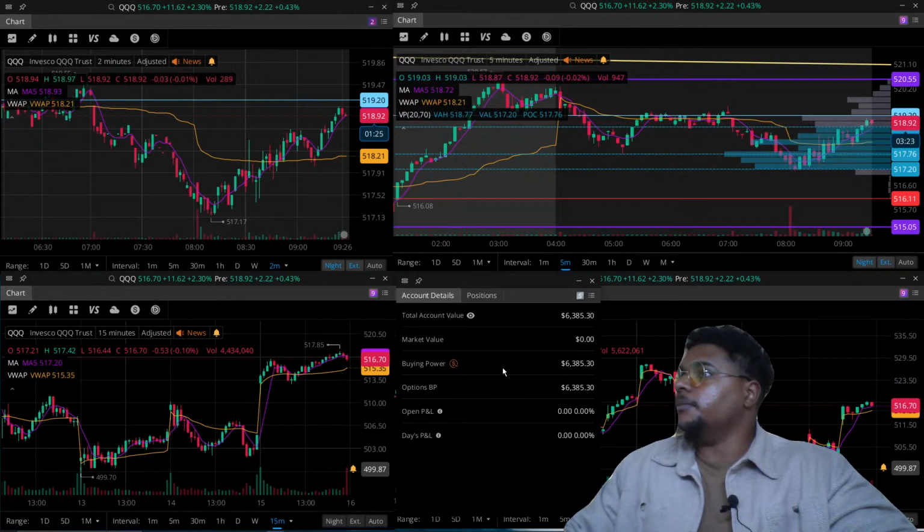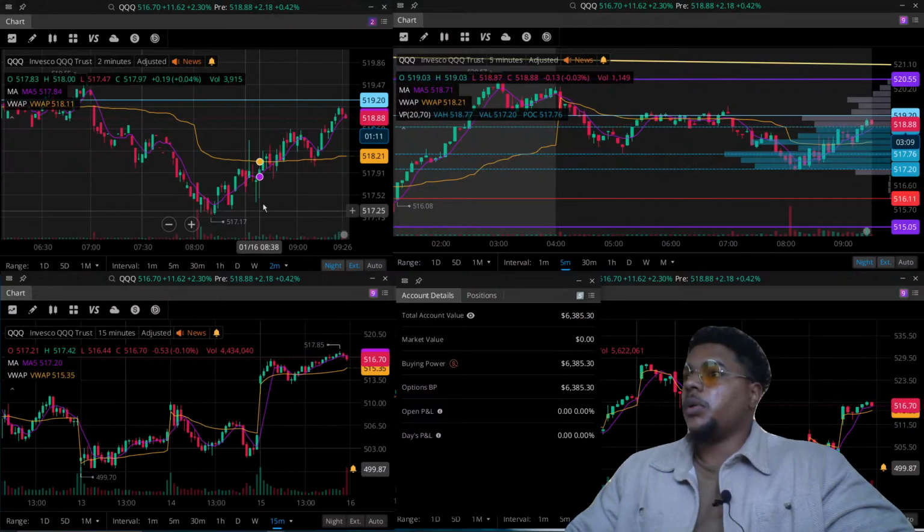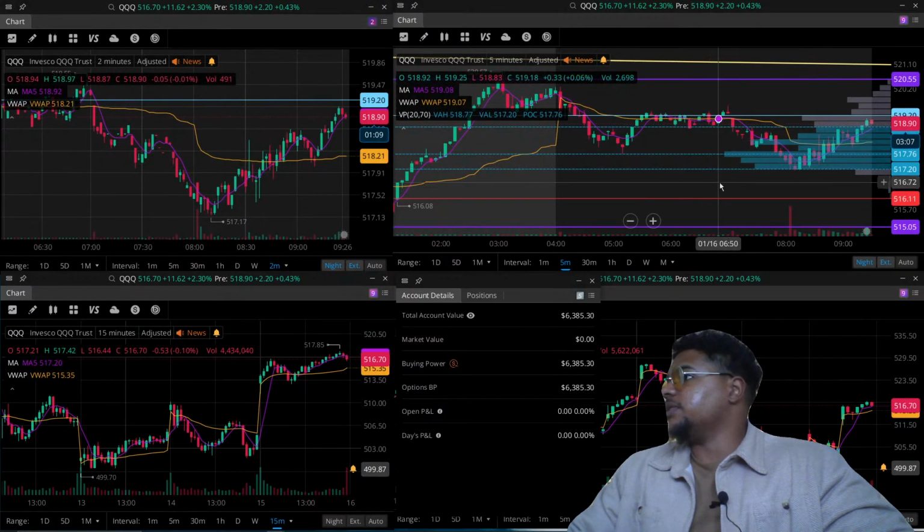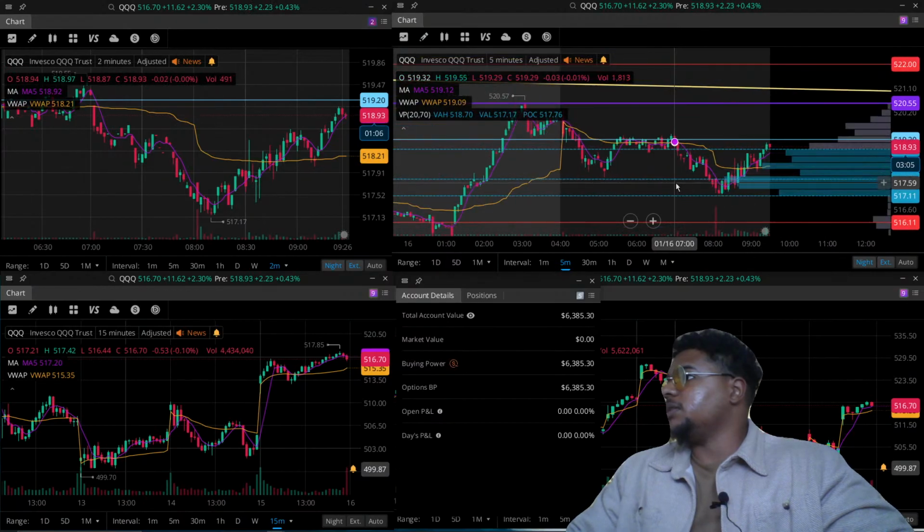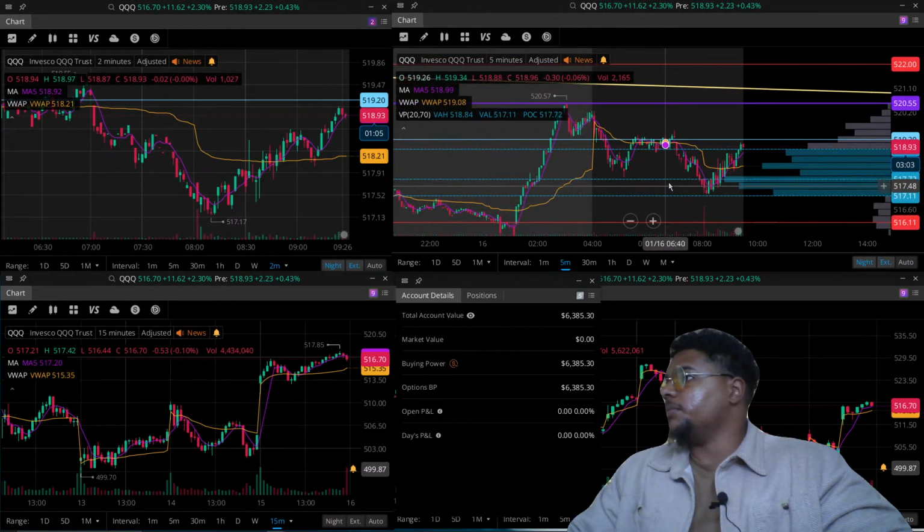I have the 5 minute chart, the 2 minute chart, 15 minute, and the hour behind here. The first thing I like to do is to plot all of the significant areas. I already have some areas plotted, but I'm going to plot them out right now.